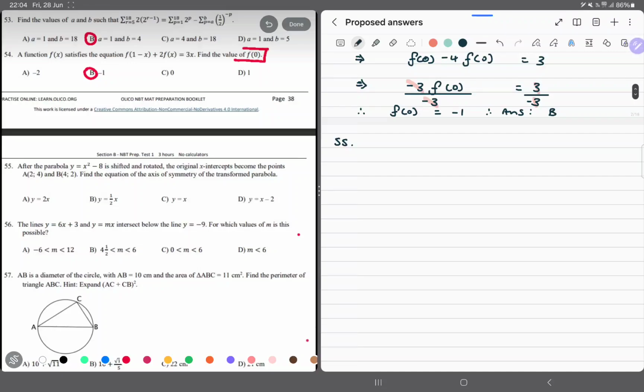So we are given here the parabola y equals x squared minus 8 is shifted. Now we are familiar with the shift. It's a translation. It can be up, it can be down, it can be left, it can be right. But then it is rotated.